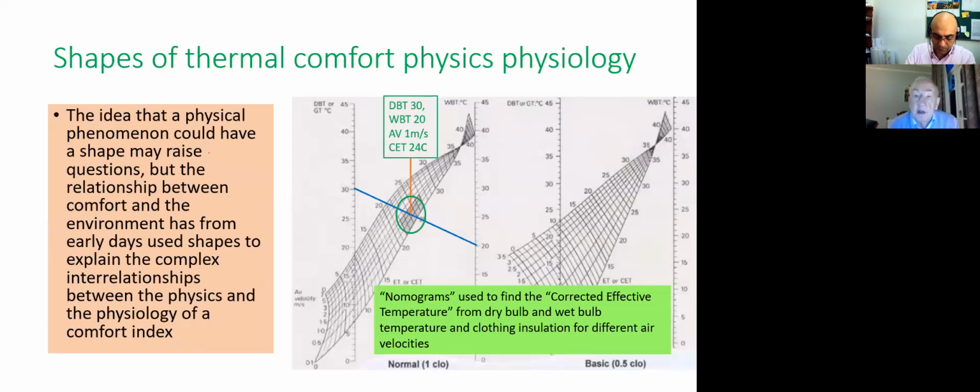Well, this is one of the early ones. This is a corrected effective temperature. It's what's called a nomogram. And here we have two sorts of shapes. One of which is for people who are normally clothed, one clo, which is normal in European societies, or half a clo, which is relatively less clothing.